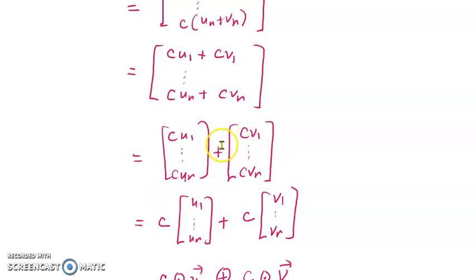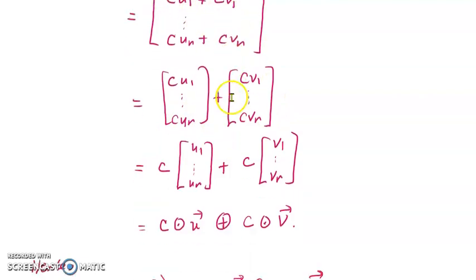You can verify that if you add these again, the result will be this one. And again, you can rewrite this using scalar multiplication: C times this matrix plus C times this matrix. Again, you can verify that this is the product.